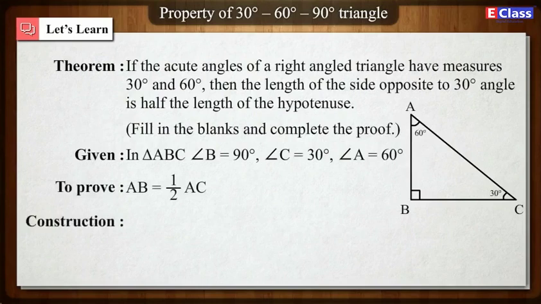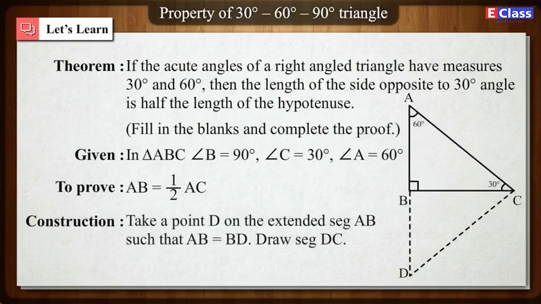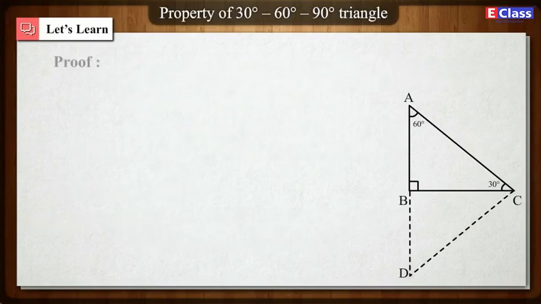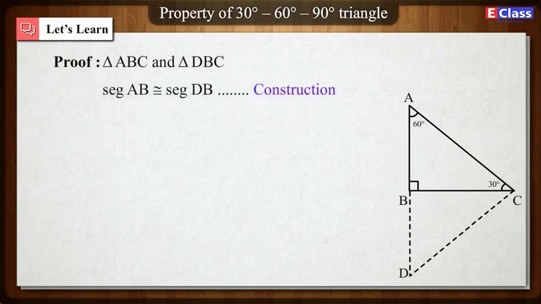Construction: take a point D on the extended segment AB such that AB is equal to BD. Draw segment DC. Proof: triangle ABC and triangle DBC. Segment AB is congruent to segment DB by construction.